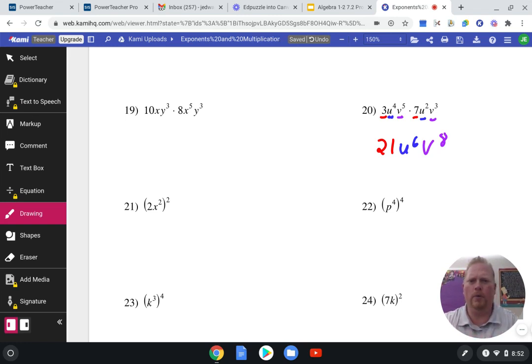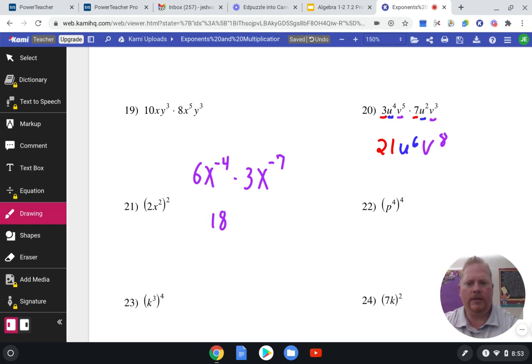Okay, I want to throw in one more example just to help clarify some stuff that's not on here. What if I had, let's say, 6x to the negative fourth times 3x to the negative 7. If I multiply my coefficients, I get 18.